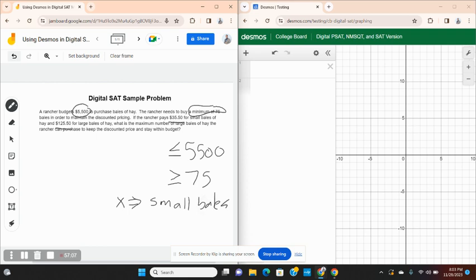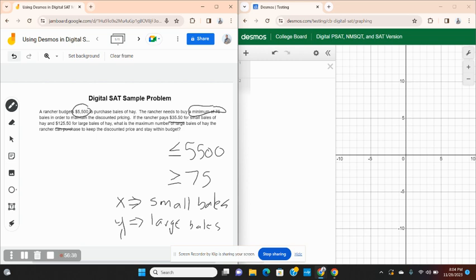Now y, our other variable, we can let represent the large bales of hay. I use x and y because when we put it in Desmos, the coordinate plane is in x and y. So let's go ahead and create our inequalities here.